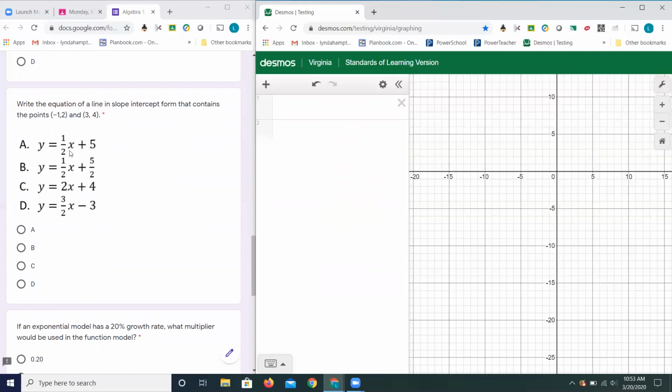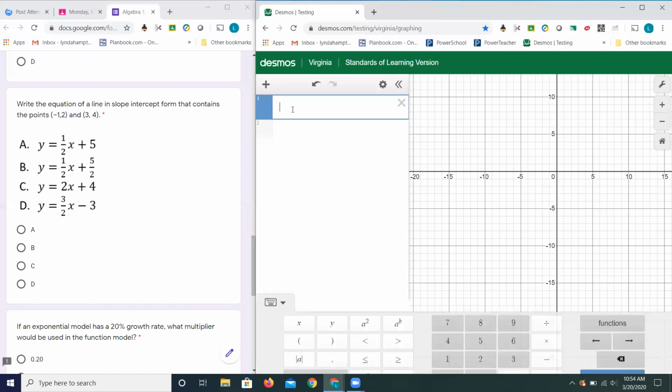This next question wants to know which of these equations in slope-intercept form, remember slope-intercept is y equals mx plus b, where m is the slope of the graph. Which one goes through these 2 points?